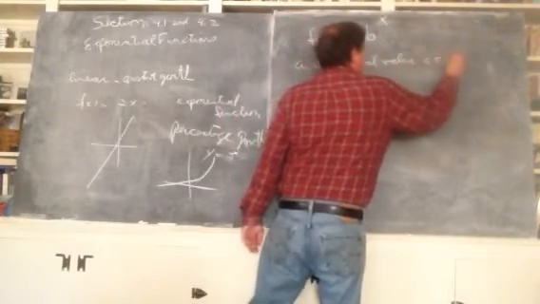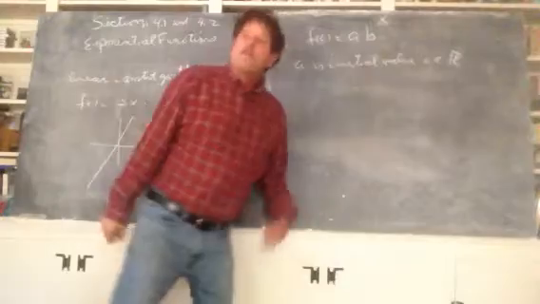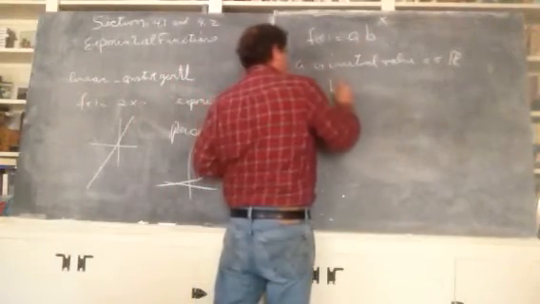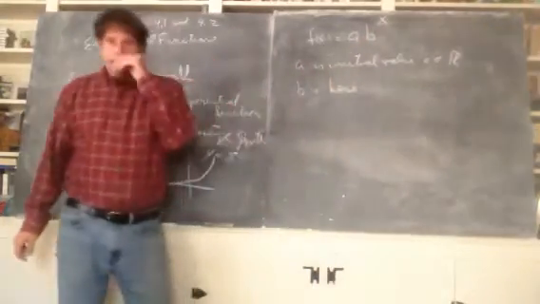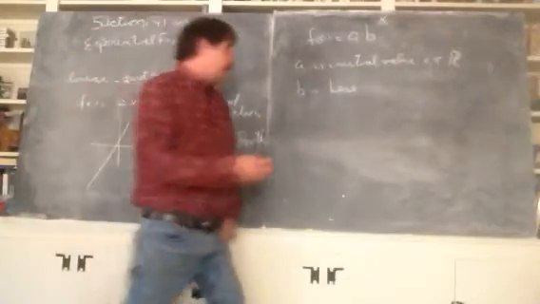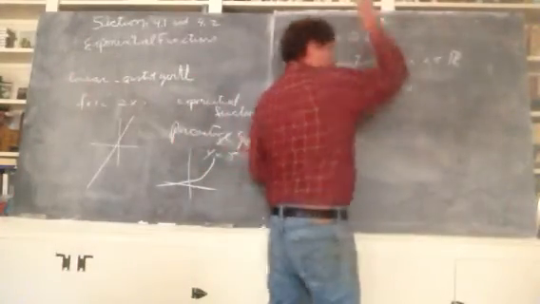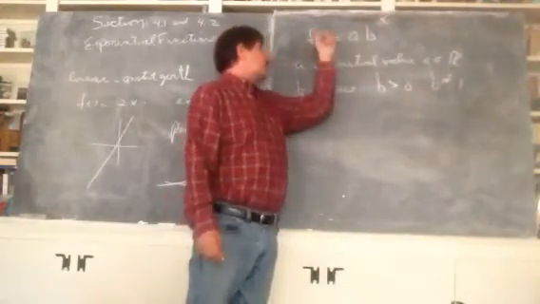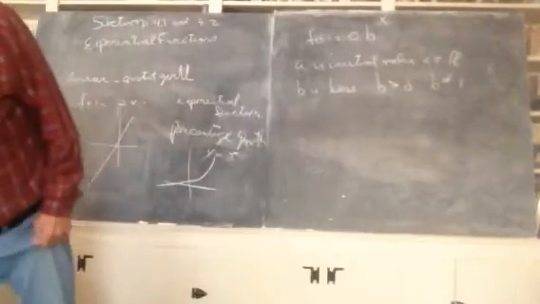B is pretty interesting. It's called the base, and it can be any number greater than 0, but not 1. Because if b was 1, this would be 1 to the x, so it would just be f of x equals a. It would be a horizontal line.